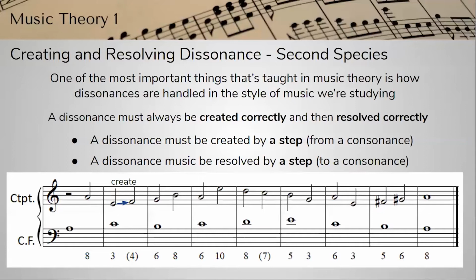And once we have that dissonance, that unstable sound, we have to resolve it to a consonance. And we do that by going up by step to what becomes a sixth when both the voices move. So we have a consonance, creating a dissonance by step, and then resolving to a consonance by step.